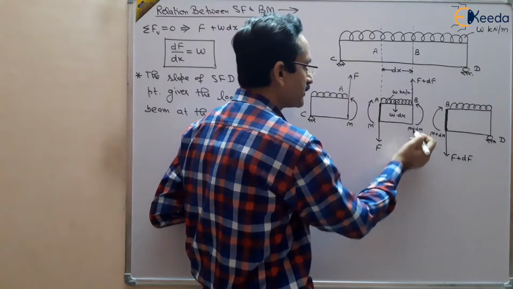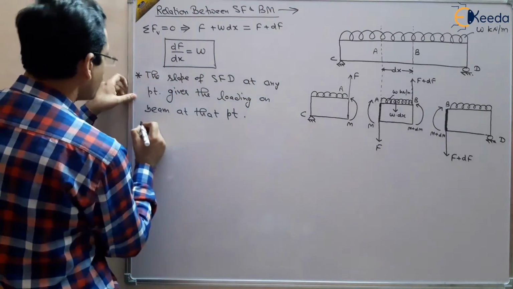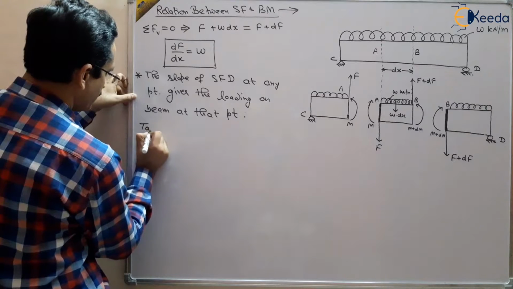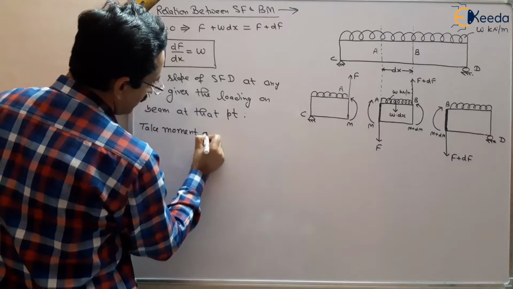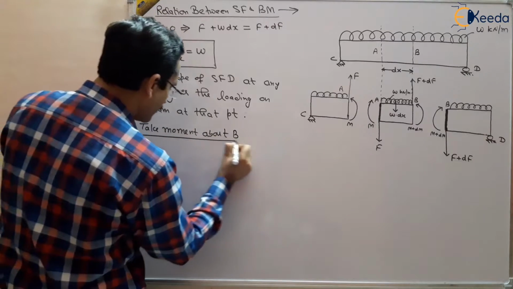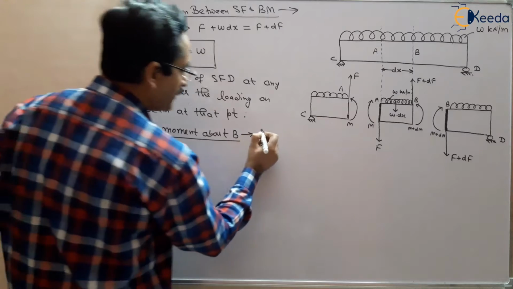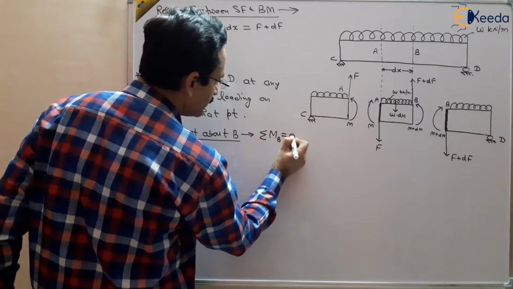So suppose we take the moment about B, the moment of all the forces about B. And you know that if the body is in static equilibrium, then all the moments about B should be equal to 0.